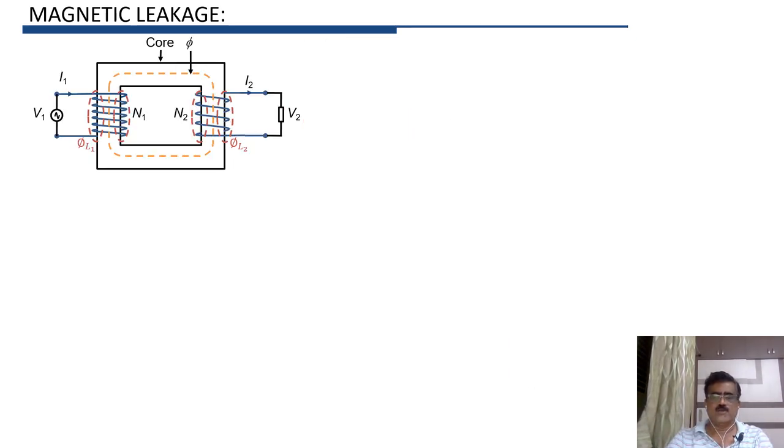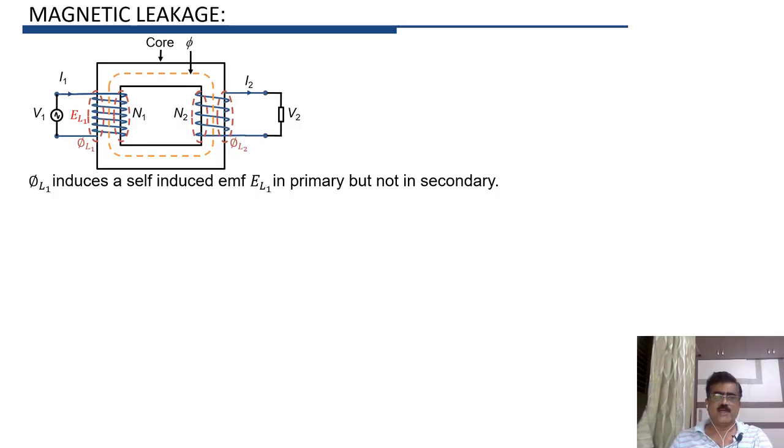Let us now see what is the effect of leakage flux phi L1 and phi L2. So leakage flux phi L1 is linked with primary winding only. So when it cuts primary winding, a self-induced EMF of EL1 volts is induced in primary only and not in secondary. So here this EL1 is induced in primary because of leakage flux phi L1.